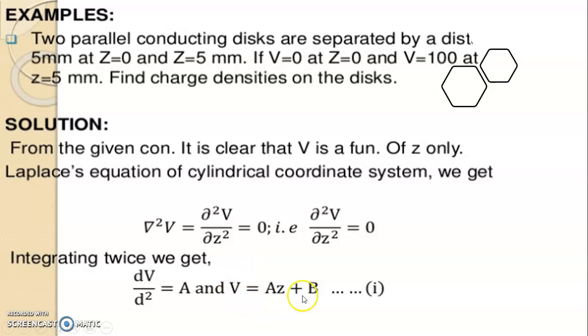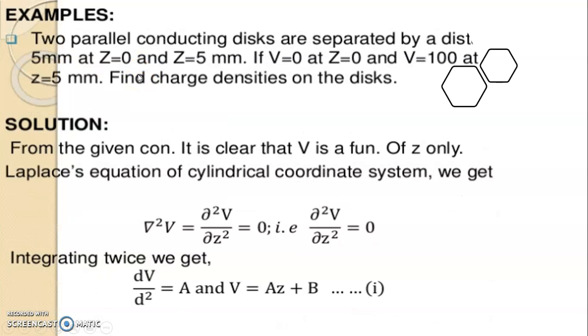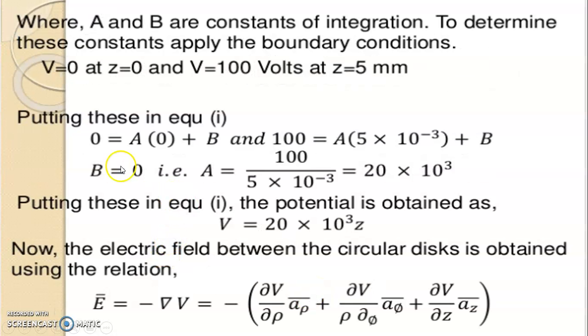Now putting in the values of the boundary conditions, we have to find the values of A and B. When you put V is equal to 0 and z is equal to 0 in equation number 1, you will get the value of B, which is equal to 0. And then put V is equal to 100, z is equal to 5 mm.